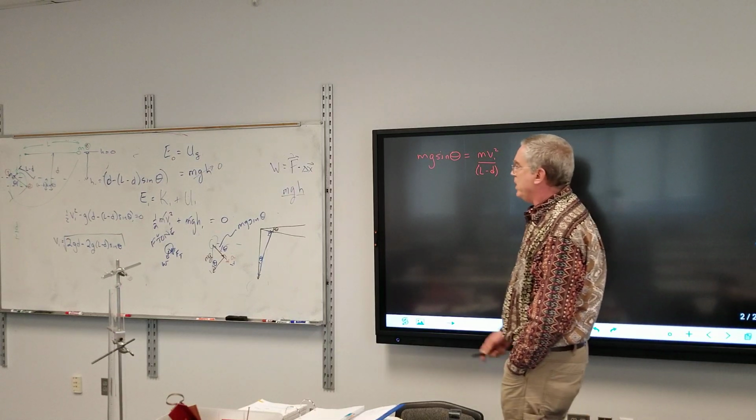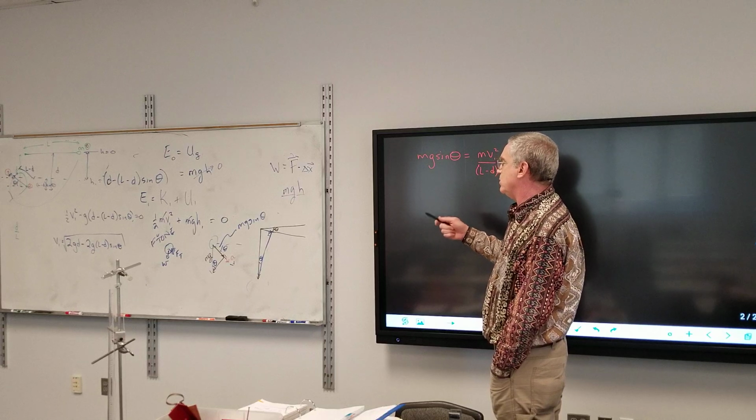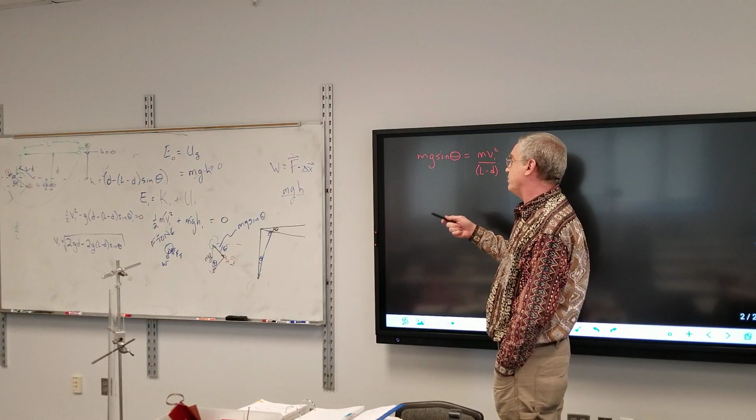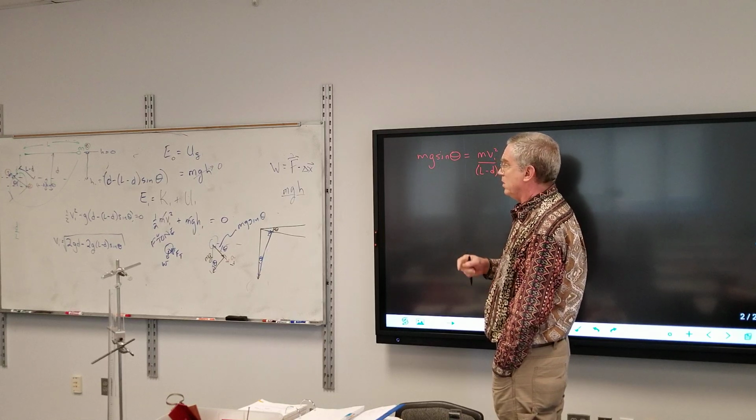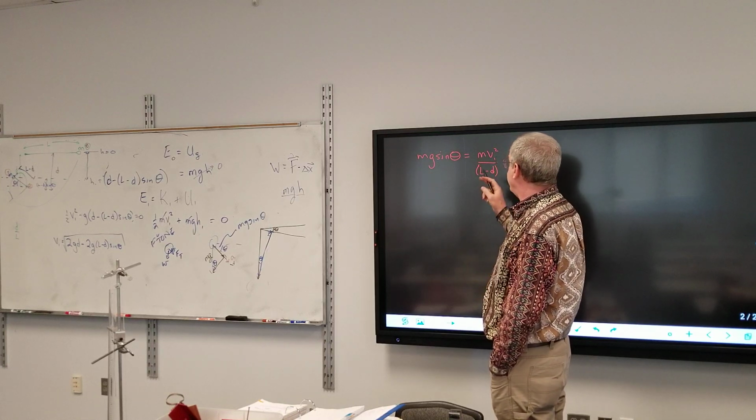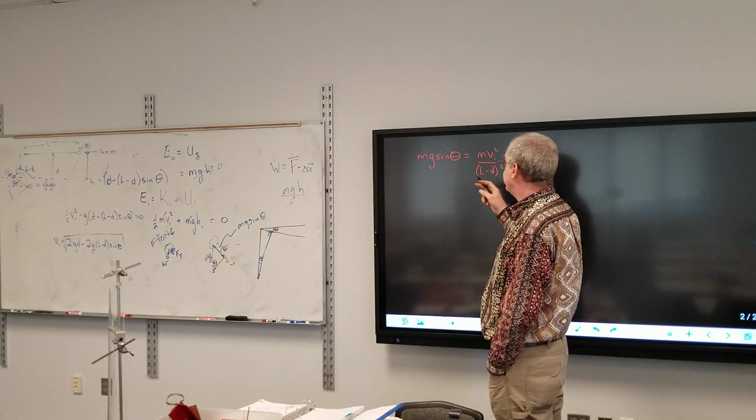So we have two equations here. G is known. D we're trying to figure out, the ratio of D to L. L we would know. We don't know theta. We don't know V1.